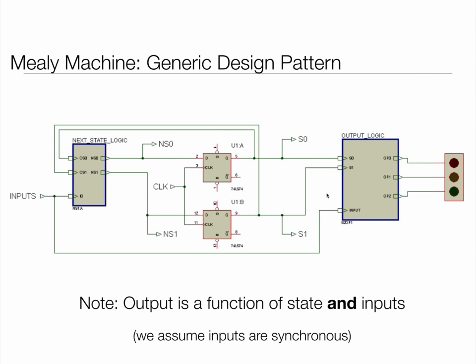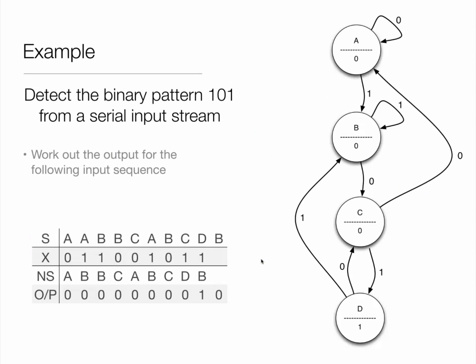So I'm going to assume that you've done some extra work to make sure your inputs are synchronous. In other words, they are stable before and after the clock. Let's carry on. So the key thing is that the output is a function of state and inputs. Okay, and that might seem strange because we're not used to that. Okay, and there are things you can do which we can't talk about now.